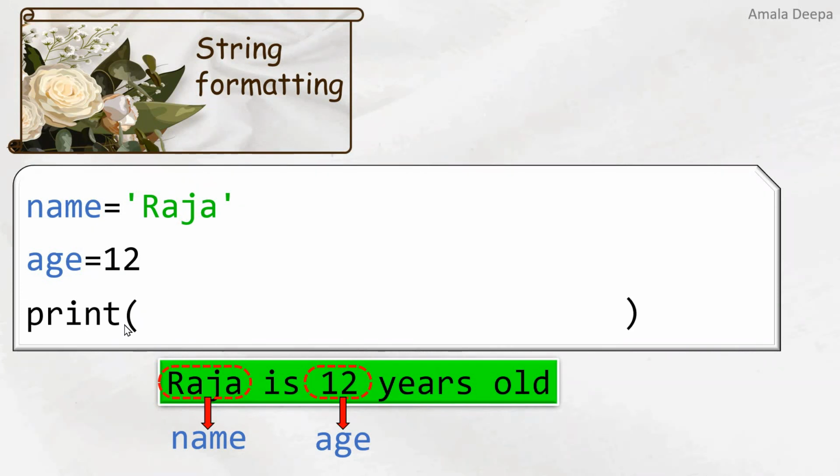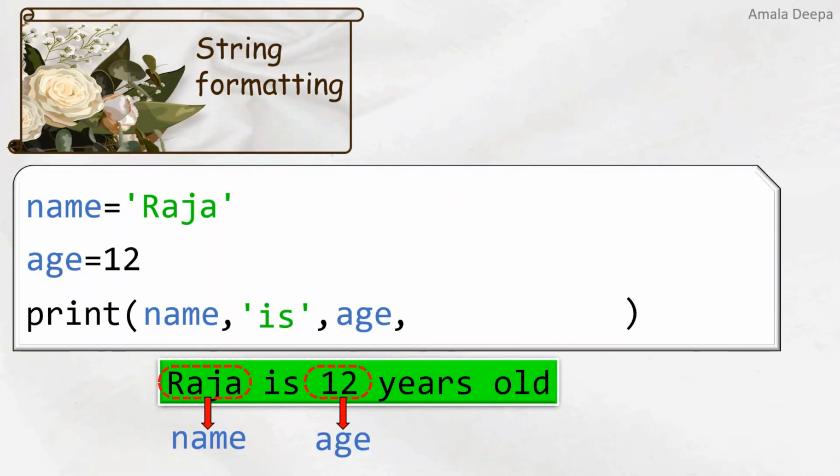The usual way of using the print statement is by separating each item by comma. So first I will give the variable name because it contains the value Raja. Next is the string is. Again variable age because we need 12 to be printed there.